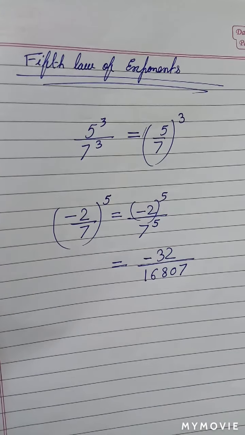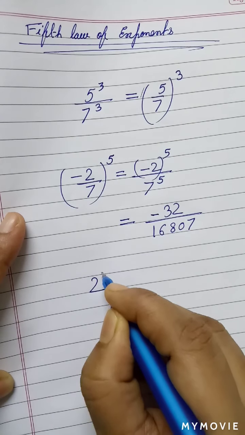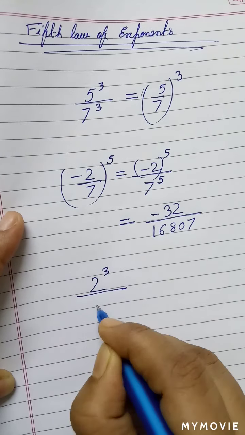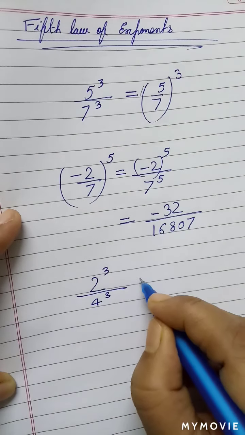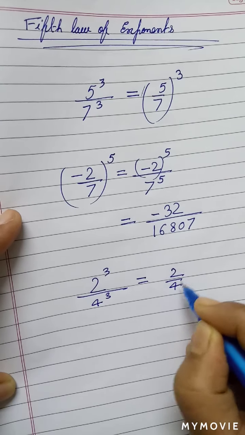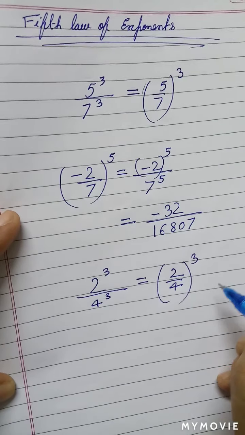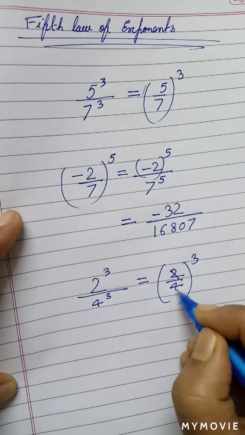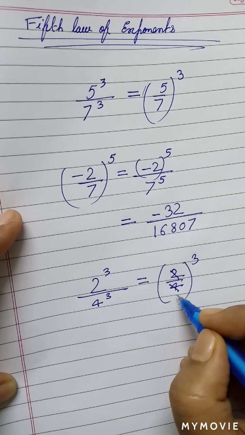Let's make the concept clear with the help of one more example. Let's say we have 2 raised to the power 3 and we have 4 raised to the power 3. Let's make it a bit simple. We can write it like this: 2 by 4 whole raised to the power 3. Now, this will simplify our life. We can cancel out 2 in the numerator with 4 in the denominator.